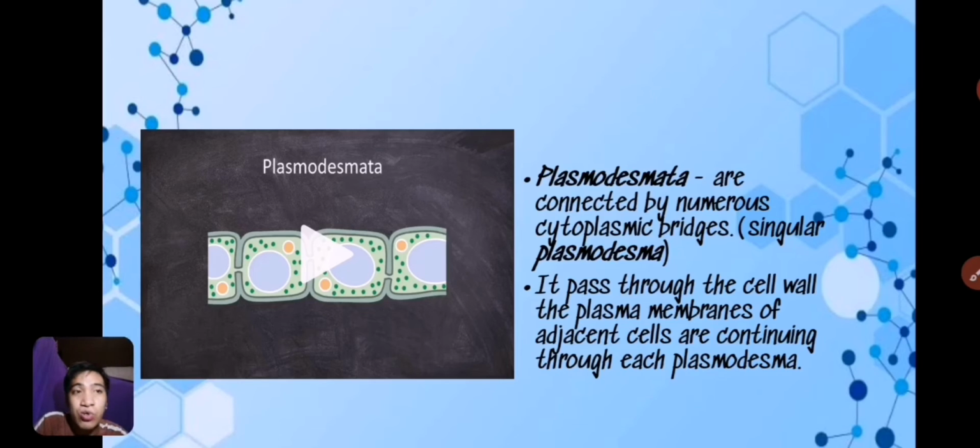It passes through the cell wall, and the plasma membranes of adjacent cells are continuous with each plasmodesma. So plasmodesmata pass through the cell wall and the plasma membranes, no.